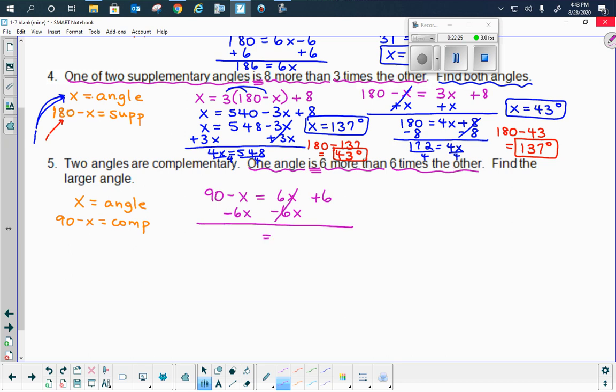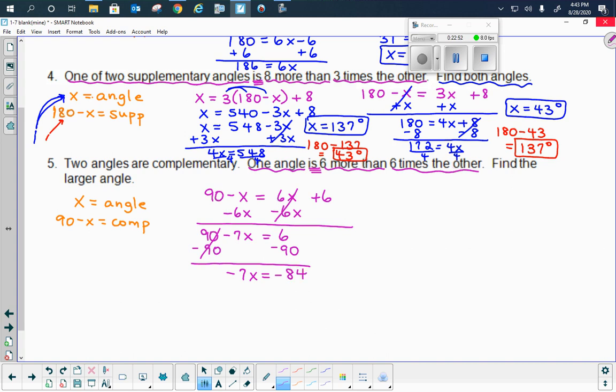If we do that then, over here I have 90. Negative x minus 6x is minus 7x. And over here on the right, I would have 6. So you've got to leave the x's on the left. So now you're going to subtract 90 from both places. That's gone. So negative 7x equals 6 minus 90 is negative 84.